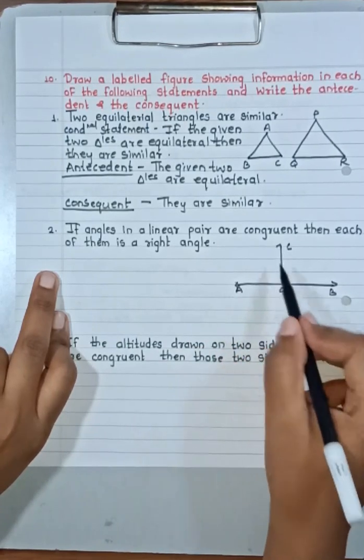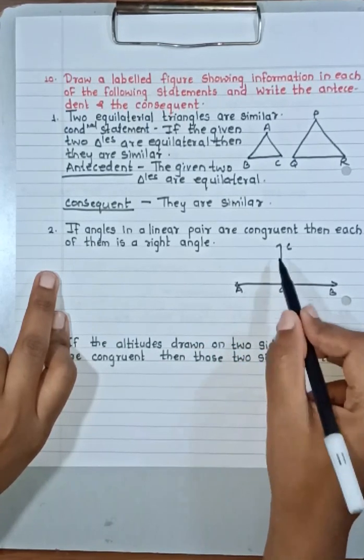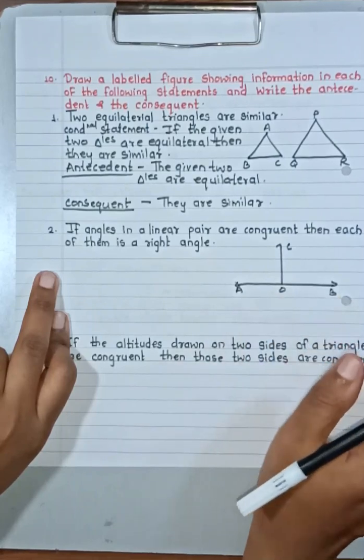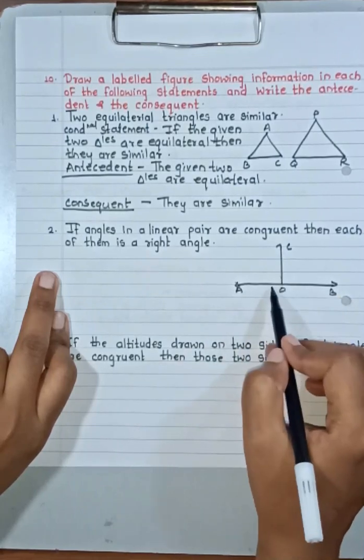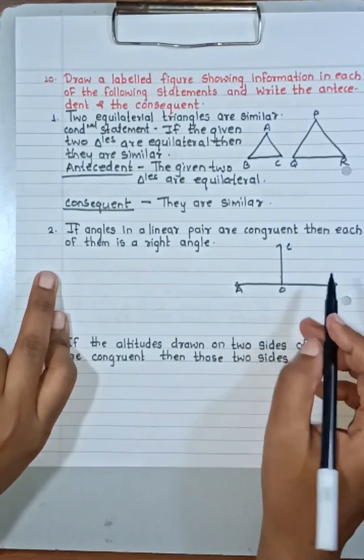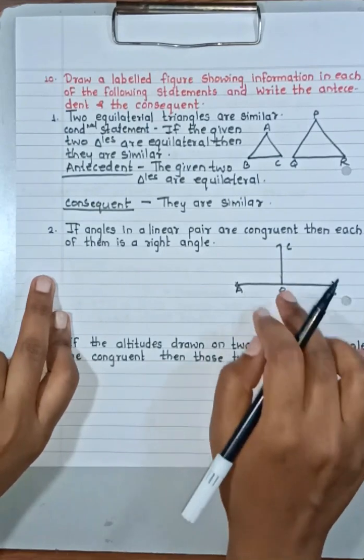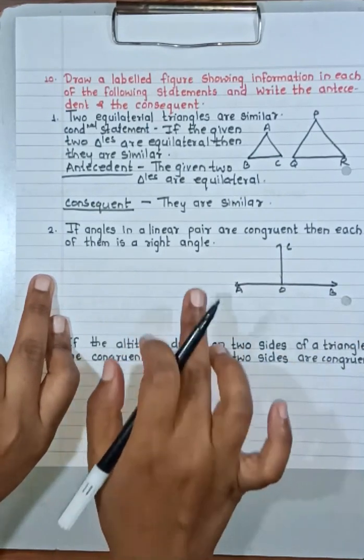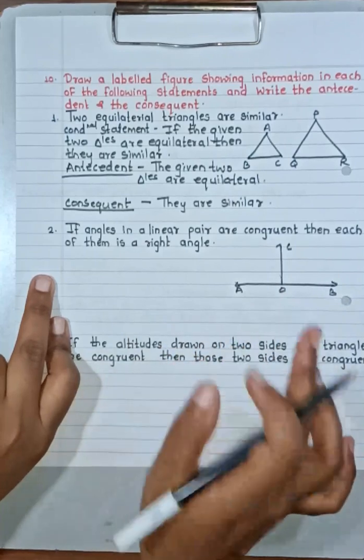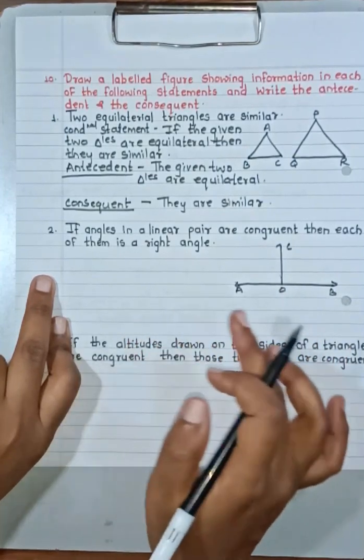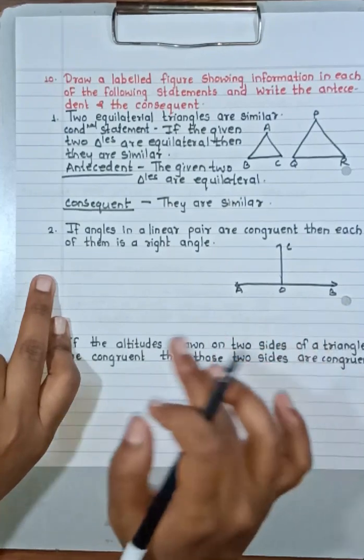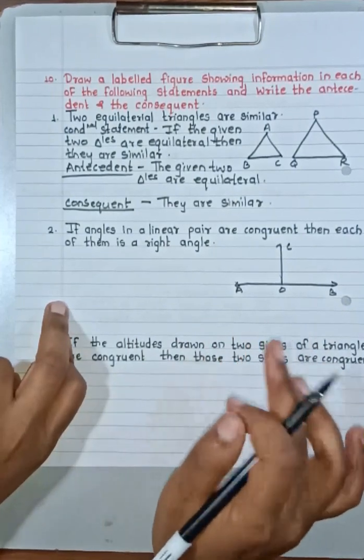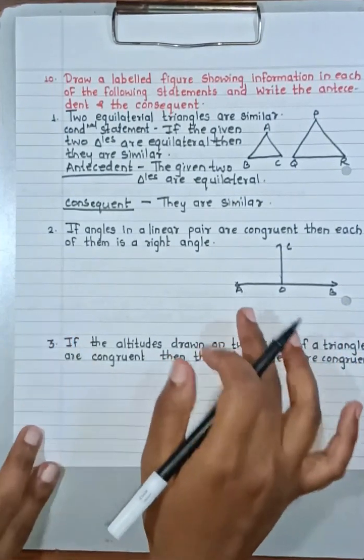Angle AOC and angle BOC, they are a linear pair of angles. They are congruent and they make an angle of 90 degrees. Okay, so you can write down here in antecedent that the angles in a linear pair are congruent. Okay, this will be your antecedent, and consequent will be each of them is a right angle. So you'll write it down.